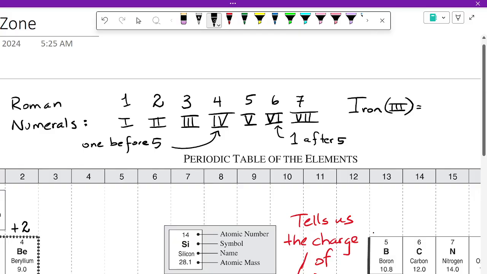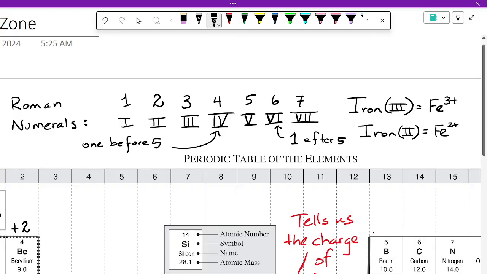And that means you have an iron ion. Can you guess what the charge is? 3 plus. Yeah? What if I gave you iron 2? What would that be? Fe2 plus.